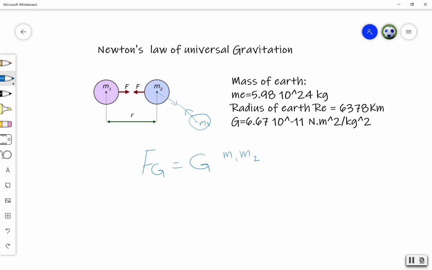This force is directly proportional to the product of the masses and inversely proportional to the square of the distance between them, r. And that's how it is written. This constant equals a very small number, 6.67 times 10 to the minus 11 Newton meter squared over kilogram squared.